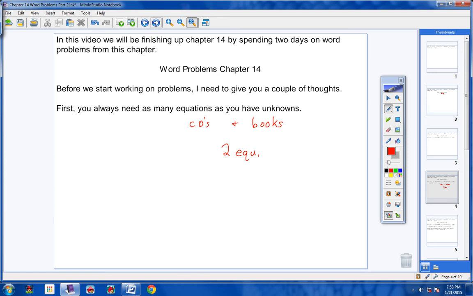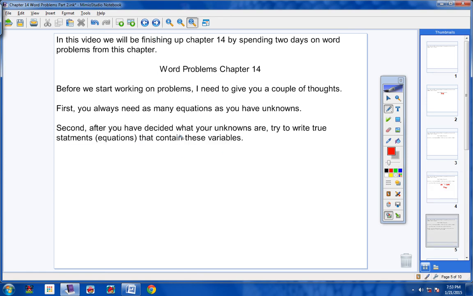Okay, another thought. After you have decided what your unknowns are, try to write true statements, or in other words, just equations that contain these variables, okay? Back to my CD and book example. If you knew you bought a total of 7 CDs and books altogether, then one equation would be C for CDs plus B equals 7, okay?